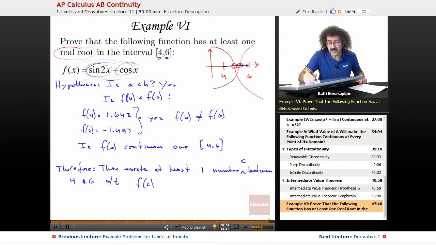There is some number in that interval such that f of c is equal to 0.